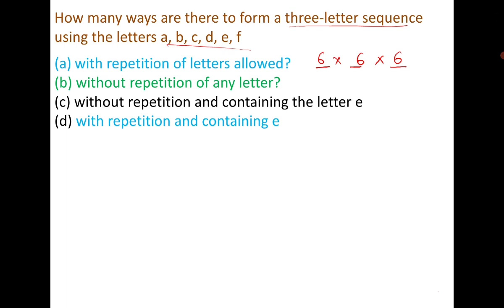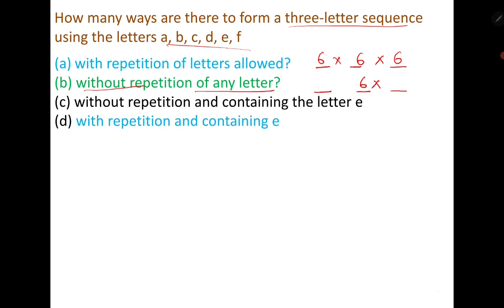Now, case 2: all possible ways to form a 3-letter sequence without repetition. Without repetition means we can pick any position, it doesn't matter. Let's say you pick this one, the first position, so all letters are available to you.